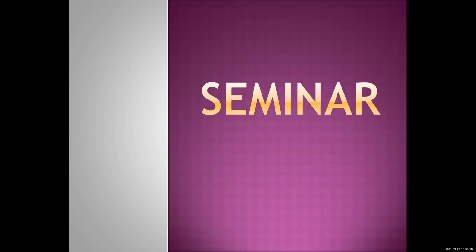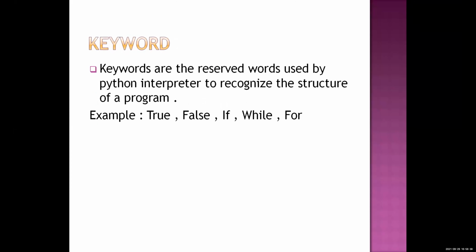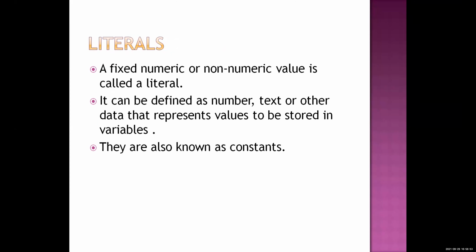Good afternoon. I'm Anjana Sunil. I'm here to take a seminar on the topic keywords. Keywords are reserved words used by the Python interpreter to recognize the structure of the program. Examples of keywords: true, false, if, while, and for. A fixed number or non-numeric value is called a literal. It can be defined as number, text, or other data that represents values to be stored in variables.